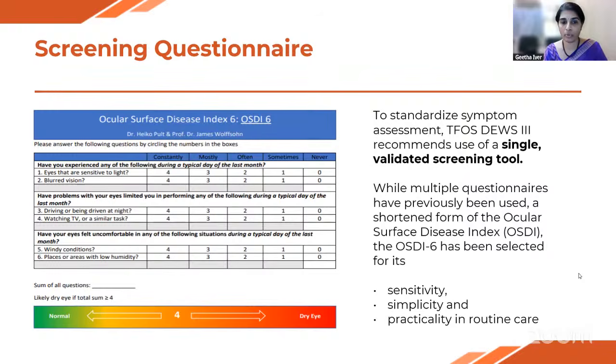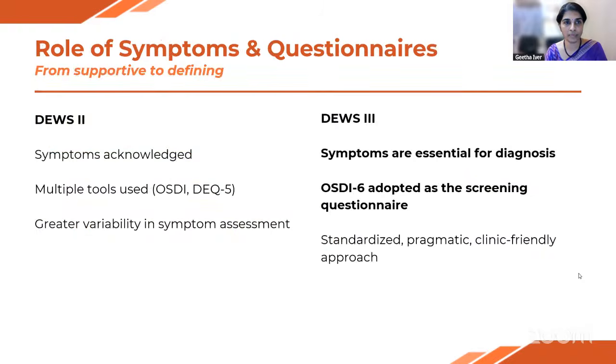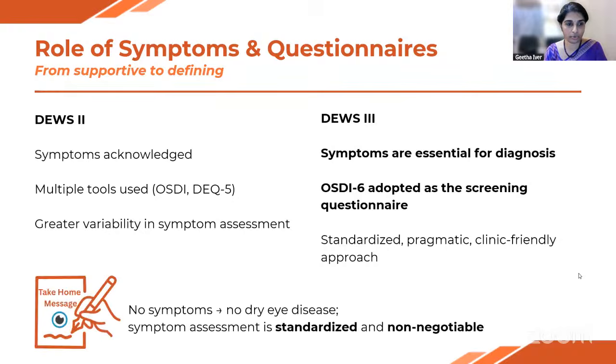This is a questionnaire that is applicable across geographical boundaries and across patients of all age groups. The role of the symptom questionnaire in DEWS 3 is one where it is adopted as the screening questionnaire, and symptoms are absolutely essential for diagnosis, with it being a standardized, pragmatic, and clinic-friendly approach.